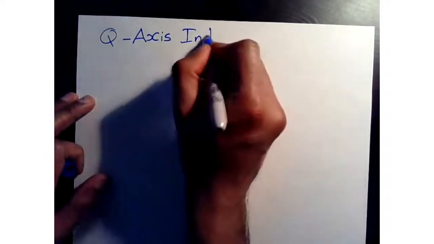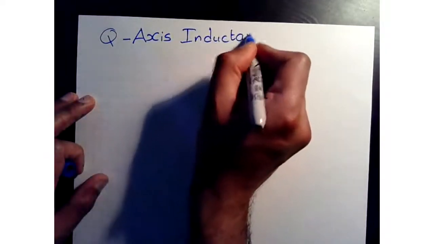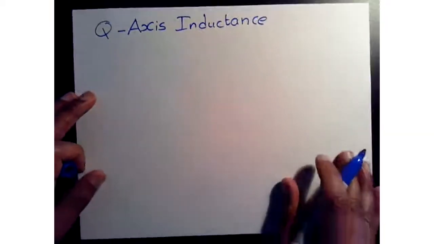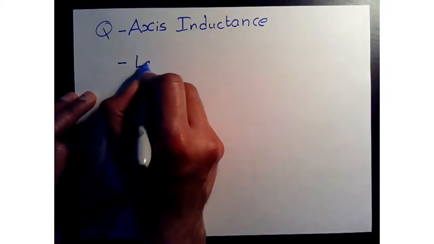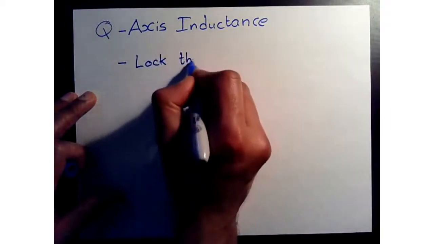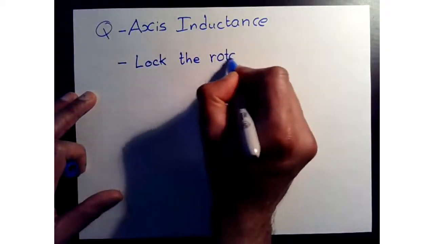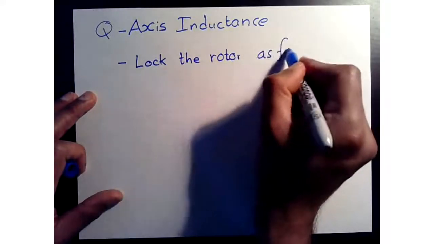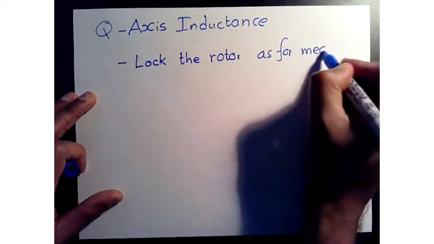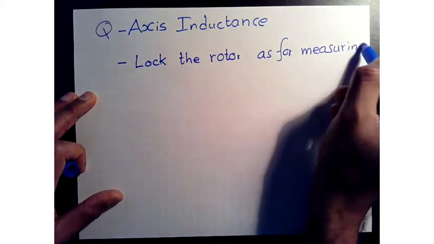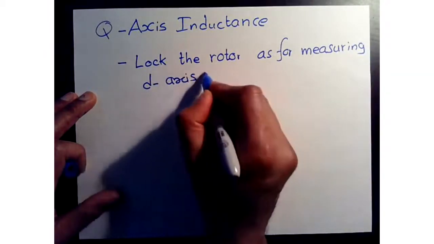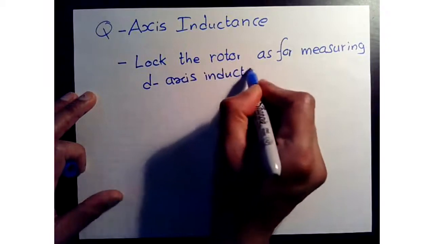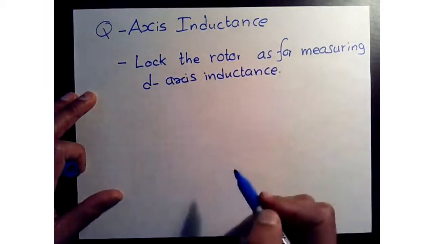So we leave it at that locked rotor condition. Lock the rotor as for measuring d-axis inductance.